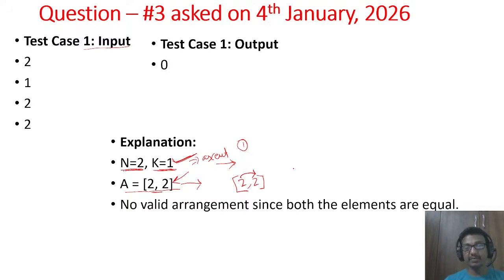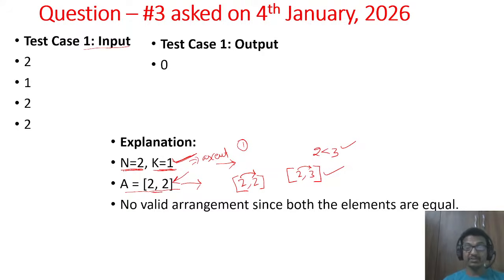For example, if the numbers are like this, 2, 3. So 2, 3, then what is happening here? When you move from one element to the second element, it is increasing. So 2 is less than 3 here. That means one time the values are increasing. You arranged the numbers in sequence such that the values are increasing one time.